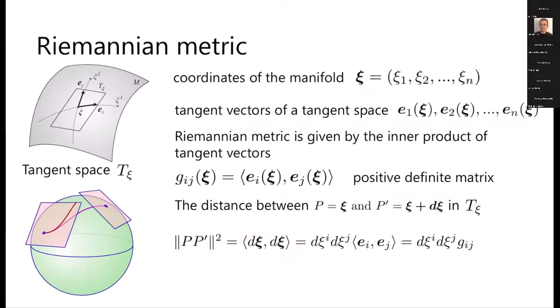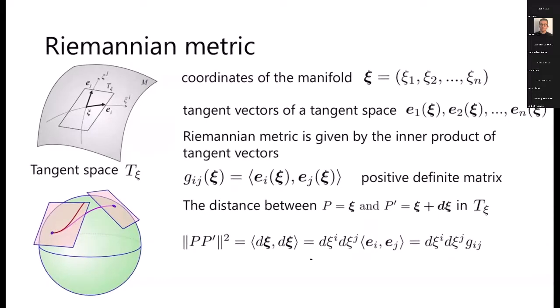And this can be computed as dxi dxj times the inner product, and it is expressed as dxi dxj gij. By the way, we use the Einstein rule, where we omit the summation over ij if the same index appears in the upper index and in the lower index.